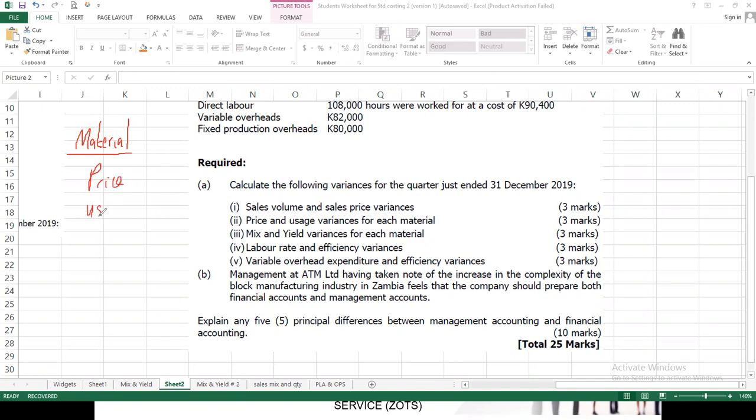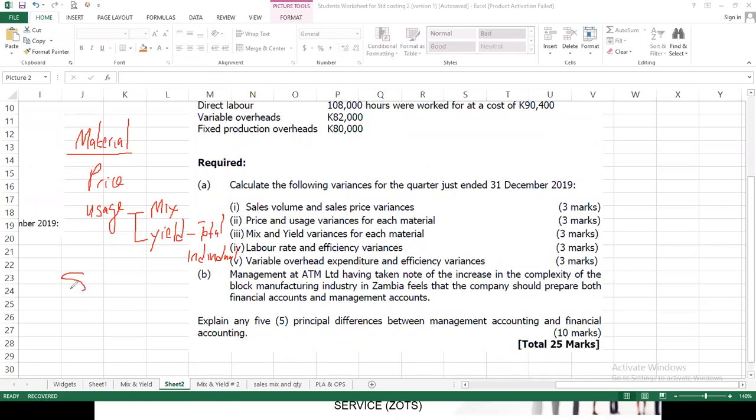We looked at the usage. And the usage, we split it into mix and yield. For the yield, we looked at the total and also looked at the individual. And we showed you how to find the individual, isn't it?